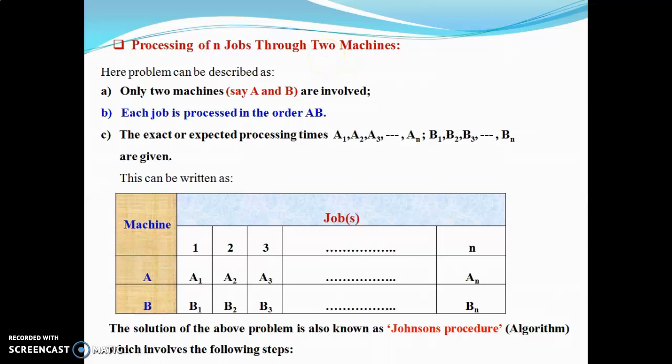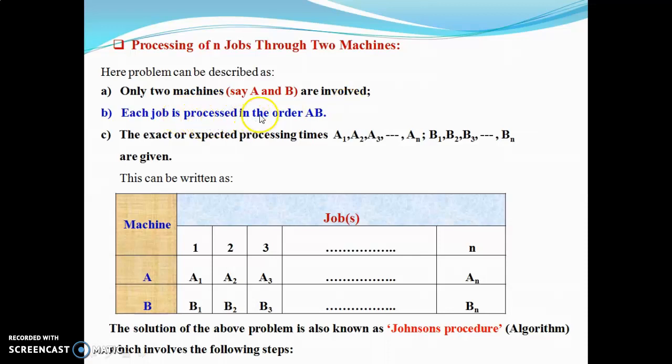The simplest possible sequencing problem is that of n jobs through 2 machines, in which we want to determine the total elapsed time, capital T. Here the problem can be described as only 2 machines, machine A and B, are involved in this processing.